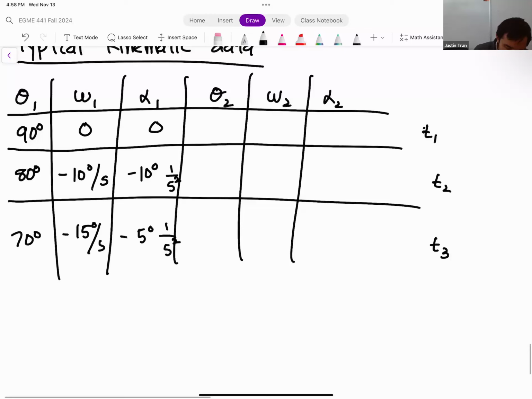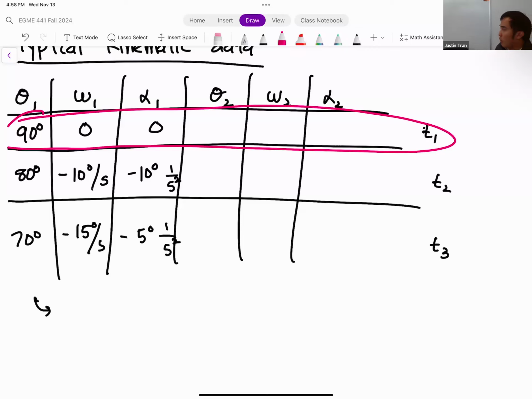Okay. And so basically, the way to use the inverse dynamics equations is that for each time point, for each row in the data table here, you plug into your inverse dynamics equations.